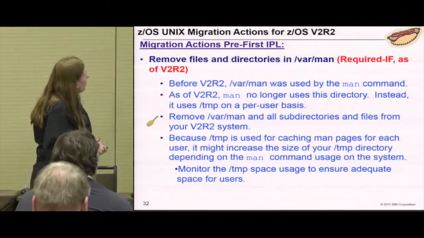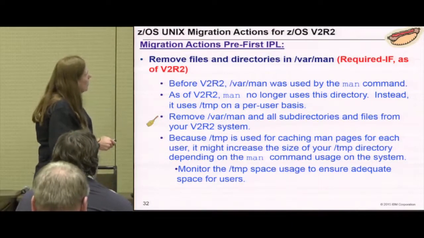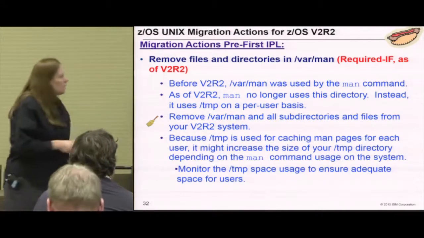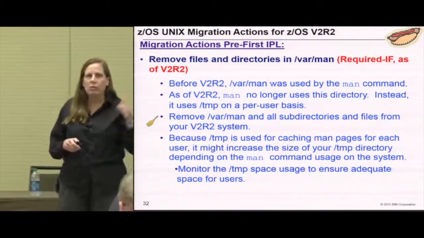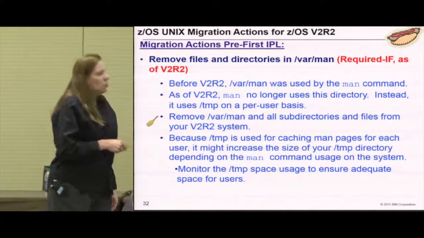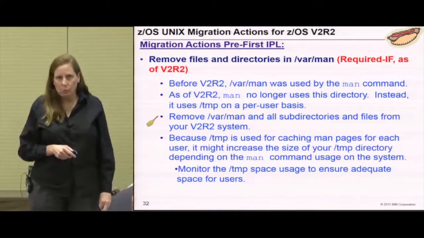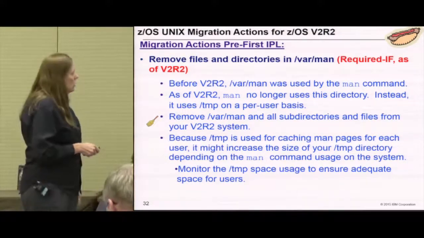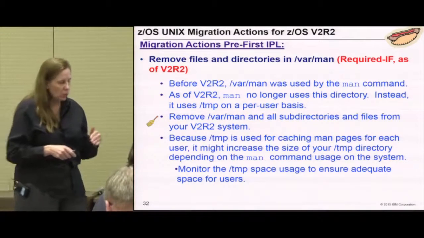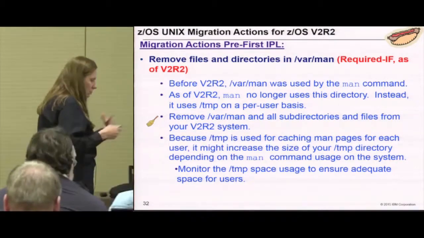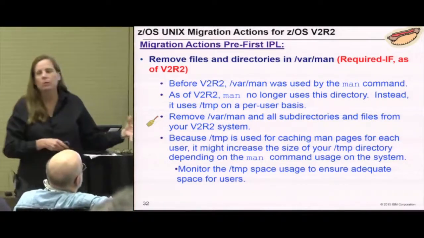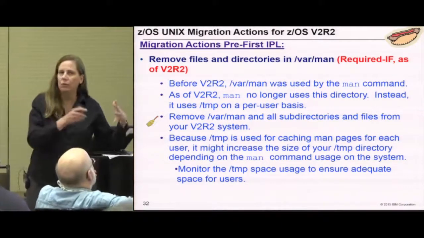Okay, next one is in Unix. We need /var/man. The man command used to use /var/man. As of 2.2, we don't use that directory anymore. What we're going to do on z/OS 2.2 is put each individual man user's information into the /tmp directory, on a per-user basis.